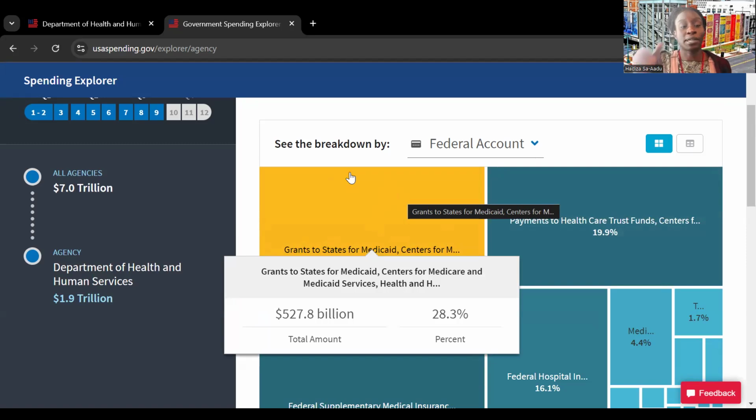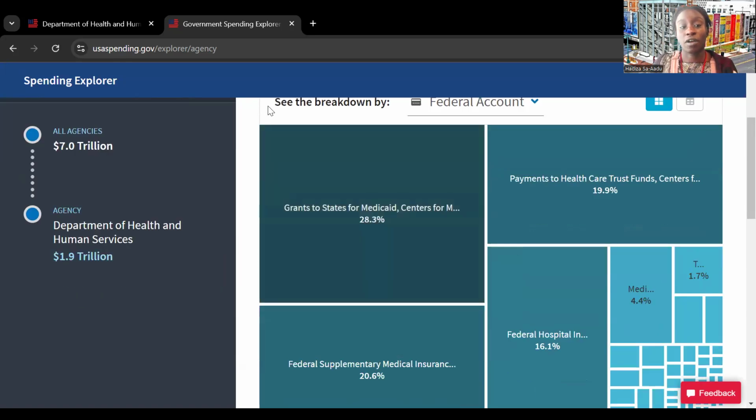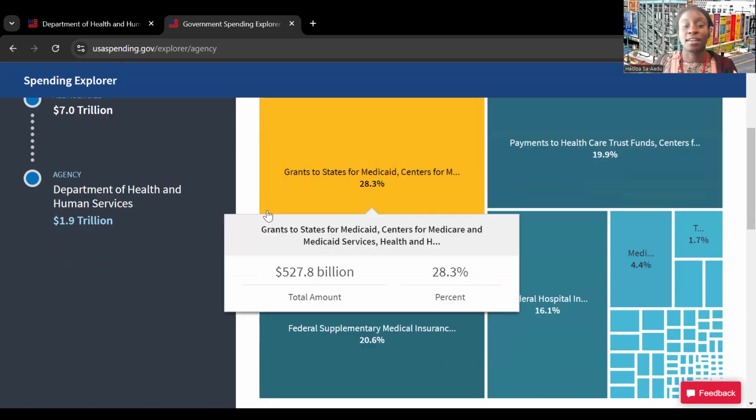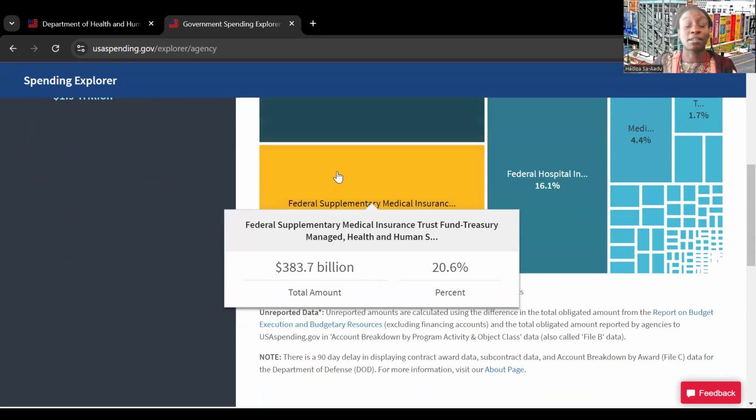So the federal government allocates part of the budget to each agency and then issues the majority of that spending in the form of grants to states for Medicaid, centers for Medicare. Then next comes federal supplementary medical insurance.